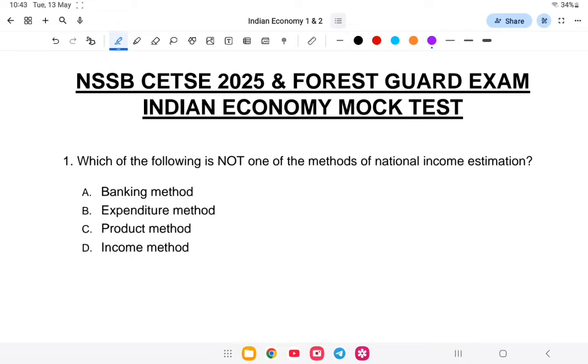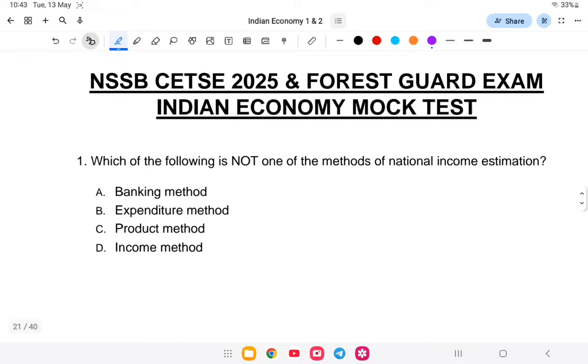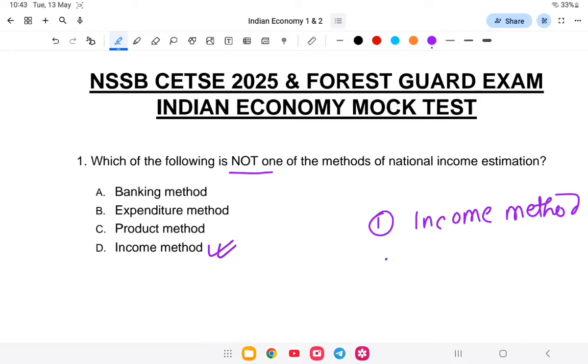First question. Which of the following is not a method of national income estimation? There are three methods of national income estimation, and out of these, which one is not a method? First is the income method. Number 2 is the production method.